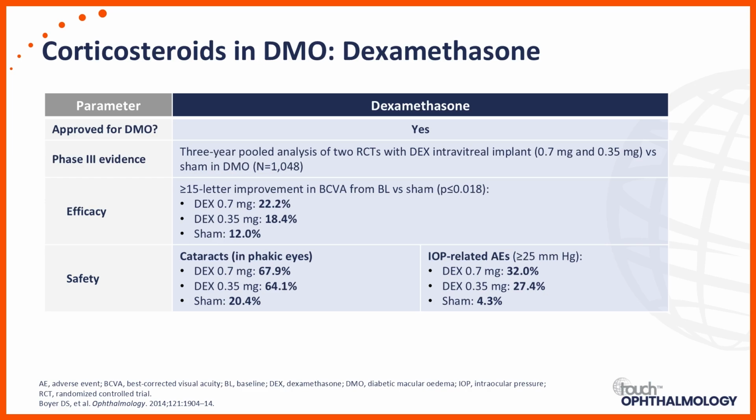Cataract and intraocular pressure increase were present, but in a very small percentage of cases. And intraocular pressure increase was always possible to control using anti-hypertension eye drops. The third steroid which was used was able to stay inside the eye for a very long time, for 3 years.